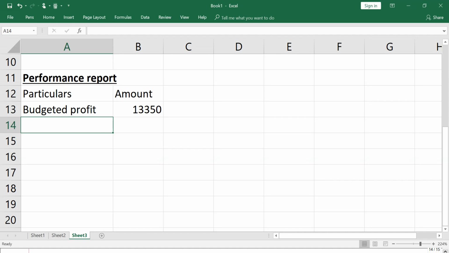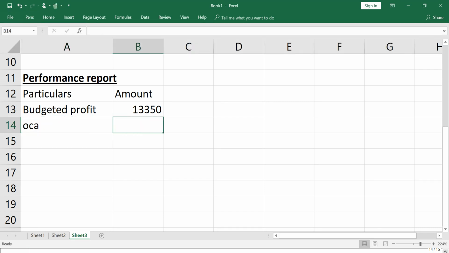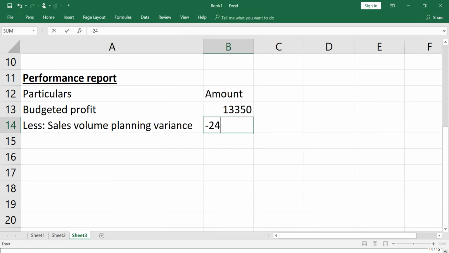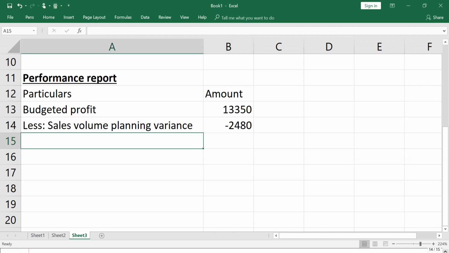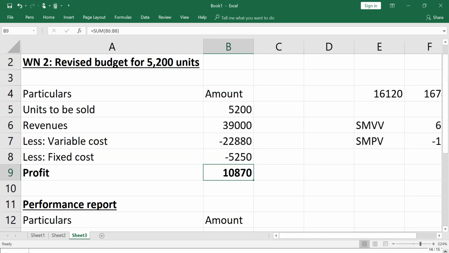Now listen for some time, I'll tell you to note it down. This is what we wanted to earn. Now what will happen is less sales volume planning variance. What was the planning variance part? 2480. So once the market size re-estimation happened, this is my revised budgeted profit. It's not standard profit, it's revised budgeted profit, and this number will match with what we had written here, 10,870.